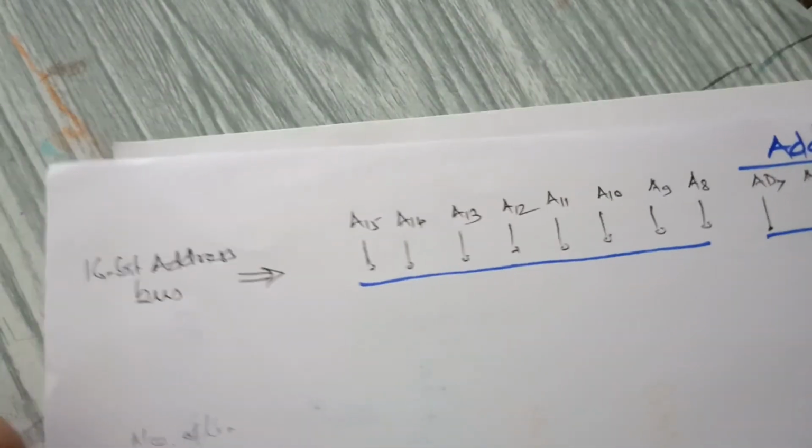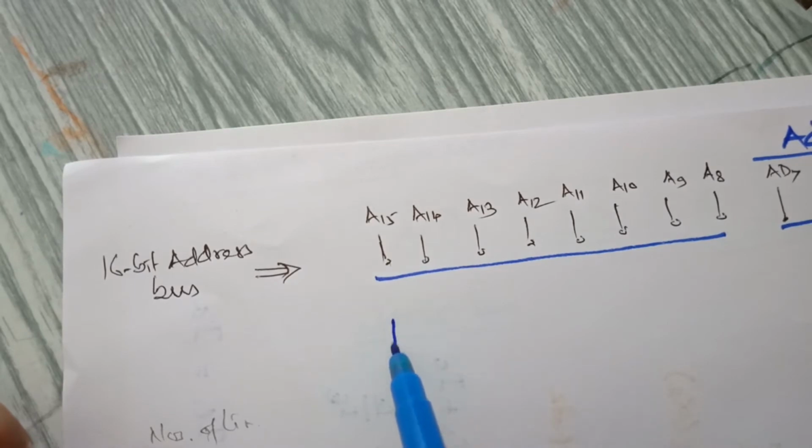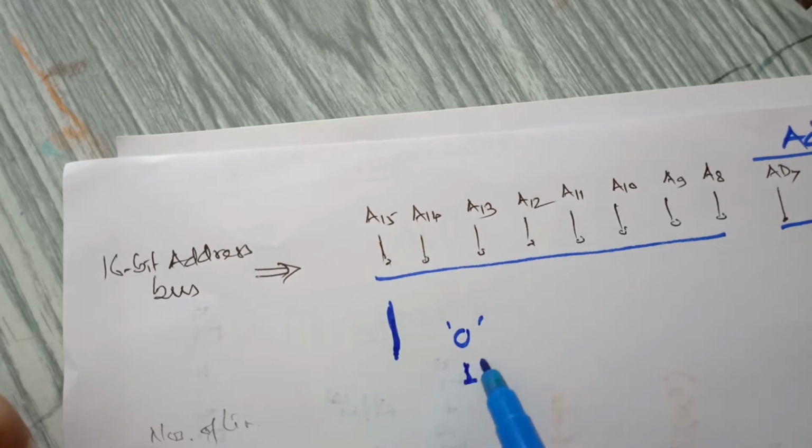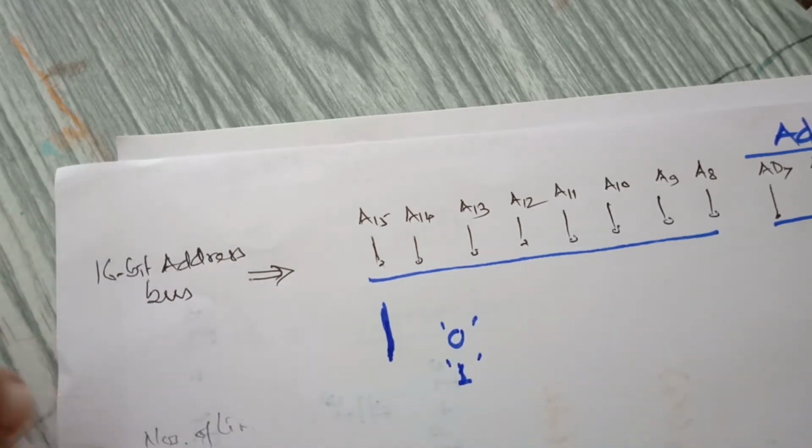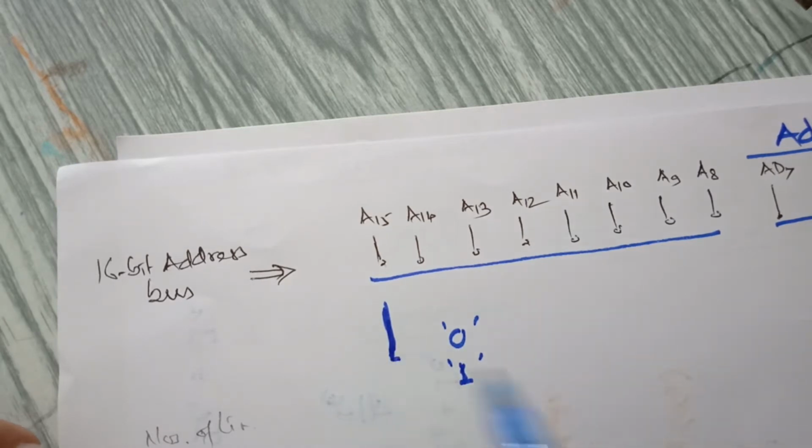Try to understand. If I have one line, an electronic line, a wire, on this wire I can give a low voltage 0 and I can give 1 voltage. So only two levels because we are using the binary number system. So with one line you can have 0 as address and 1 as address.